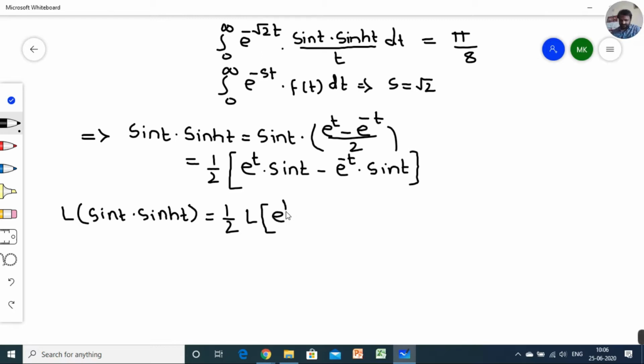E raised to t as it is, Laplace of sin t you will get 1 by s square plus 1 square, minus e raised to minus t, Laplace of sin t kept as it is, 1 upon s square plus 1 square.